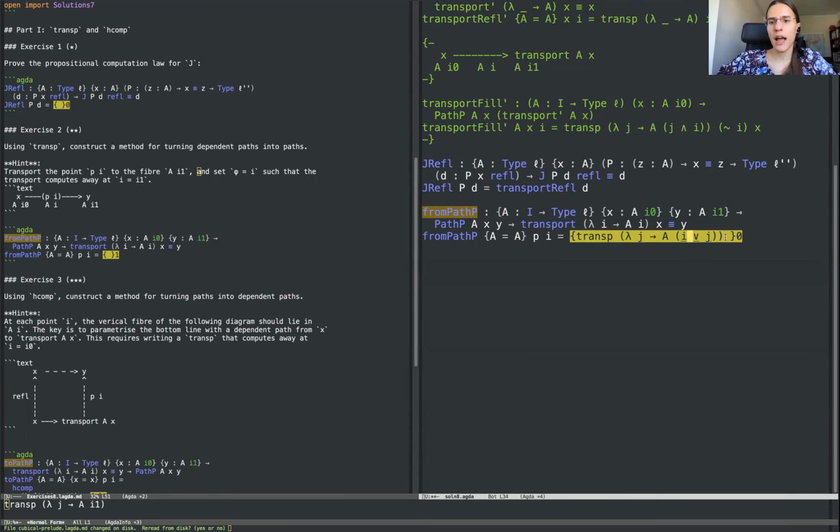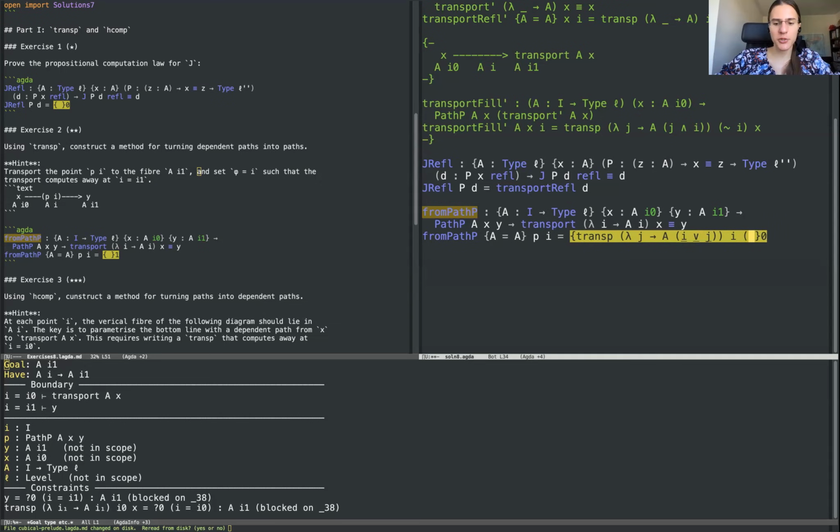So that's good, because in order to put var-phi here, we need, when var-phi is equal to 1, this path to be constant on A, which makes sense. So I can put I here. And the point that I'm transporting is something living in A of I, so I can put P of I here. So that gives me a point.